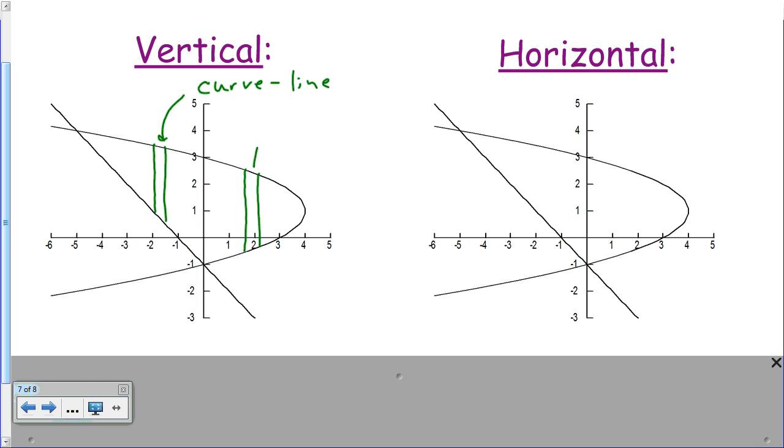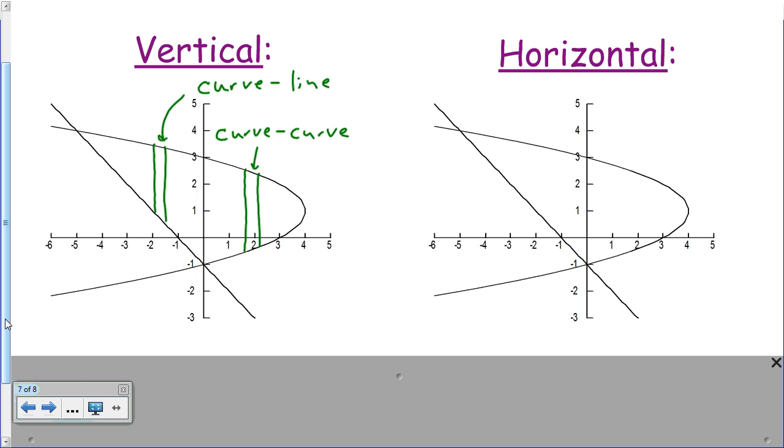Versus this one right here, it's the curve on the top minus actually the same curve on the bottom. You can see how those two strips are not representing the same quantity every time. All right, one's from the curve to the line, the other one's from the curve to the curve.